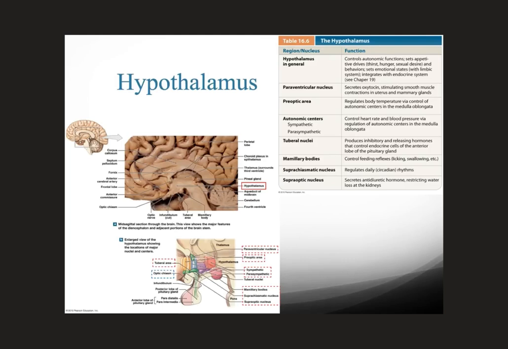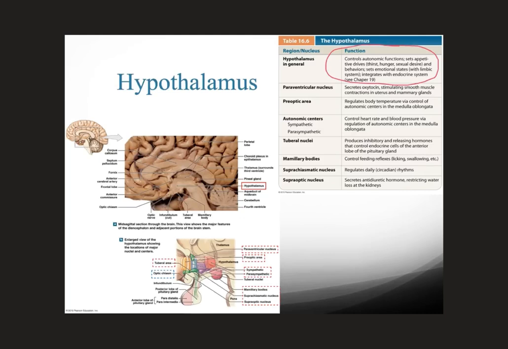Here we have the hypothalamus, so like the name says, hypo, below the thalamus. It's an important structure, basically because it has certain structures that are important for production of different types of hormones. Here you can see all the main functions of the hypothalamus, so you can see how important it is.